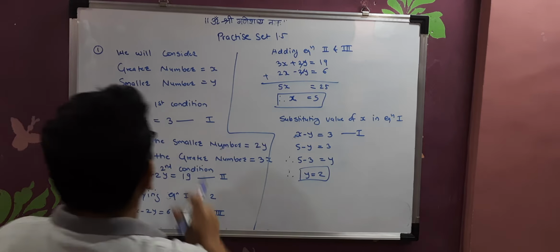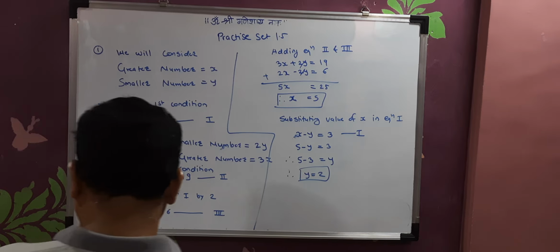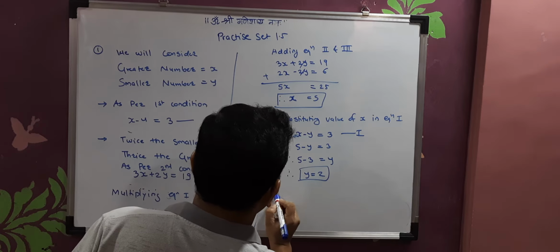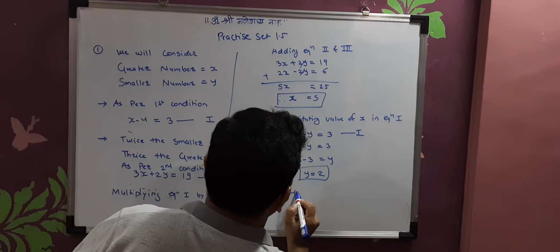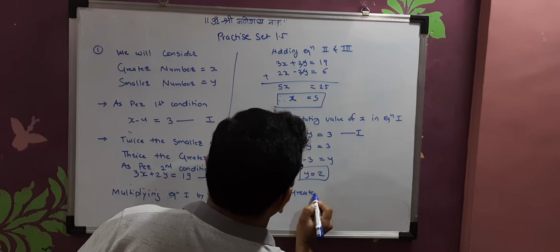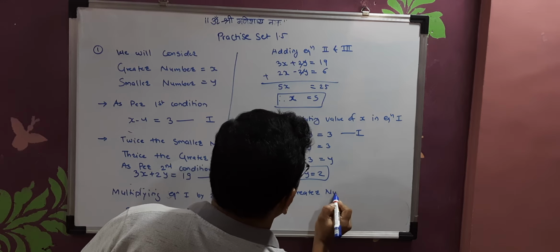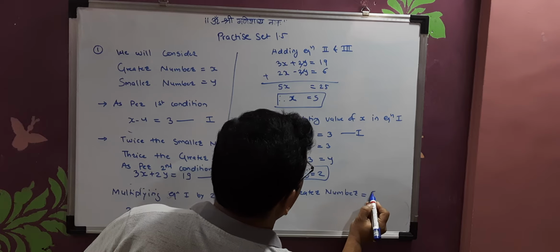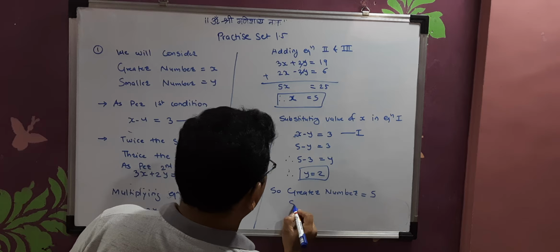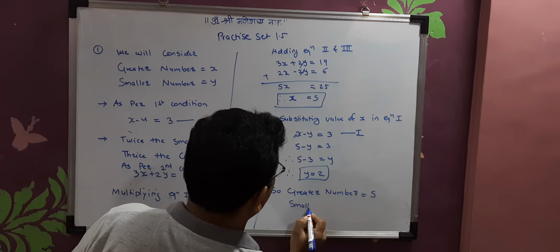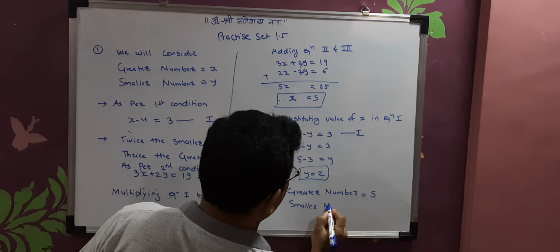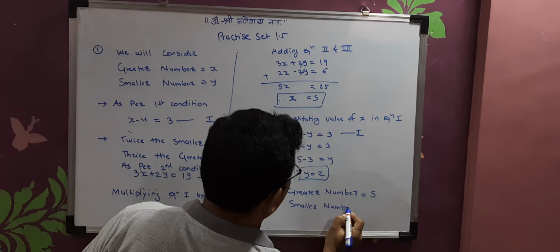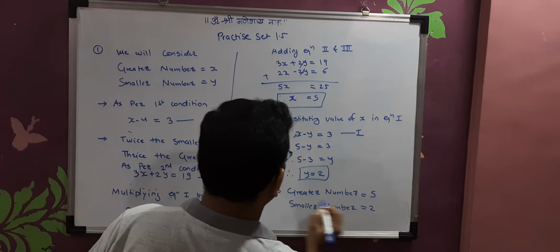So the greater number is what they have written, find the numbers. So the greater number is equal to 5 and the smaller number is equal to 2.